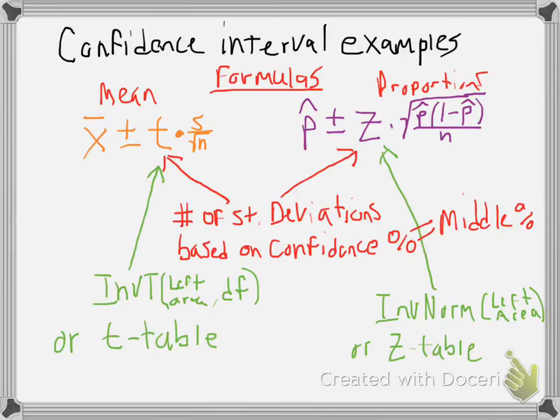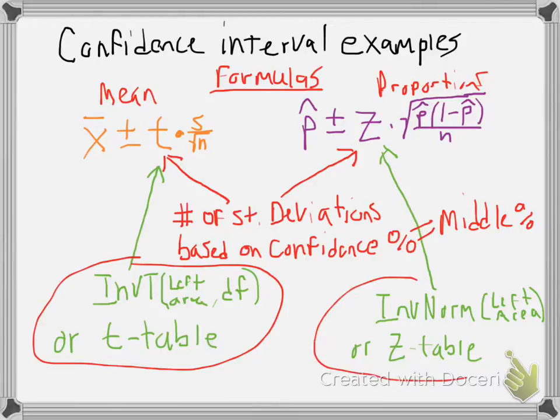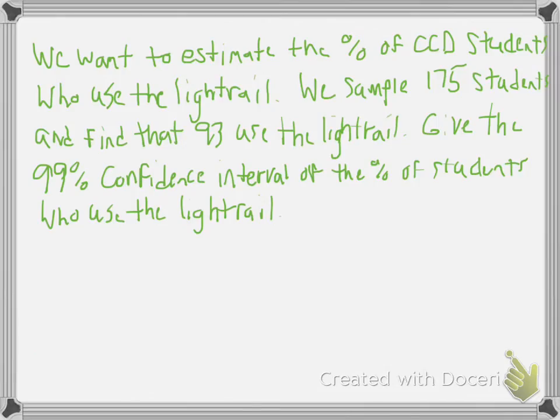I'll put that percent in the middle and then use inverse t if I'm looking up a t, or you could use the t table for people who have TI-83s. If I'm looking up a z, I'll use inverse norm, or you can use the z table, but everybody has the inverse norm function in their calculator. So let's look at a couple examples.